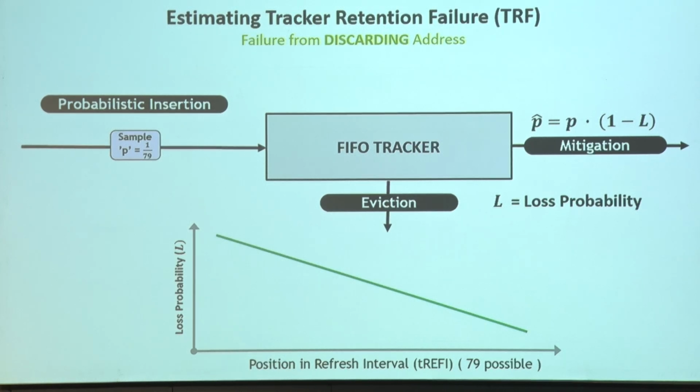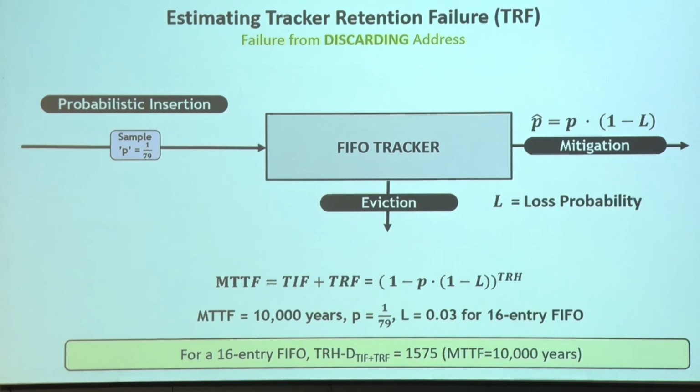We use Monte Carlo simulations and analytical models to compute the loss probability. I'm not going to go into details there, but if we had a 16-entry FIFO, the loss probability is 0.03. So now you can take the loss probability and the probability of insertion, assuming again a failure rate of 10,000 years. For a 16-entry FIFO, we can now tolerate a Rowhammer threshold of 1575.